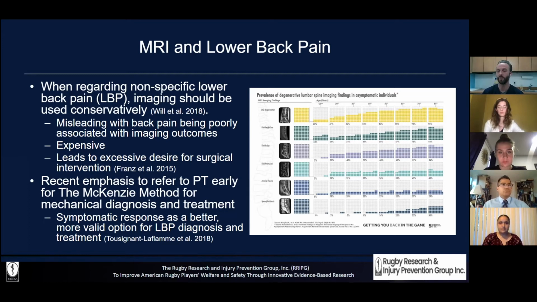I think conservative treatment first is the way to go, without any of those red flags that we talked about, making sure that there's not any serious pathology here. But if you start showing patients with just general back pain these findings on MRIs, and you don't explain this chart to them, you think that there's something really wrong with you, and that's what's causing your pain.